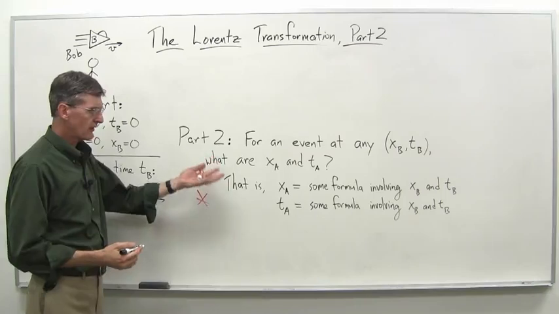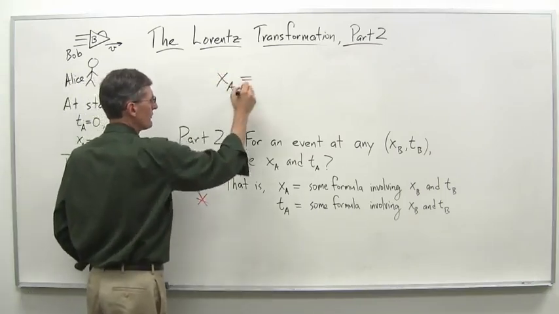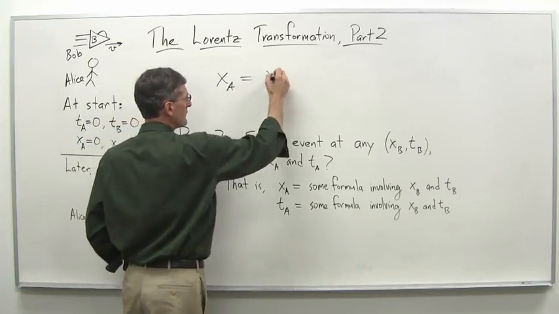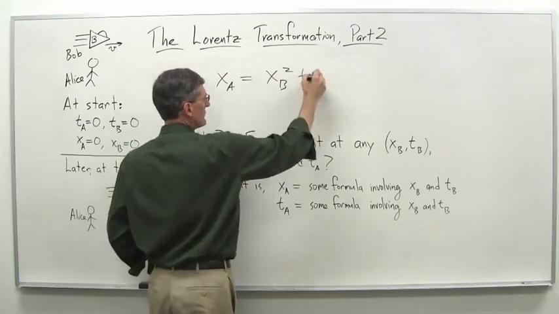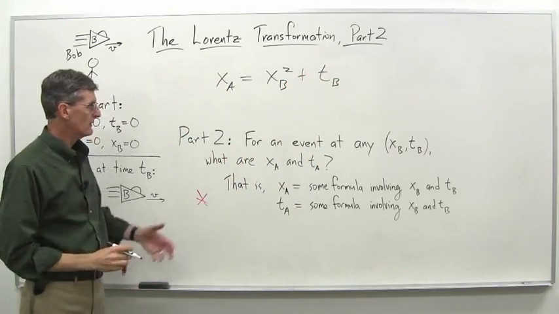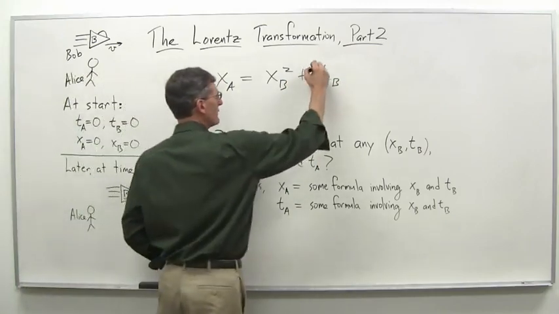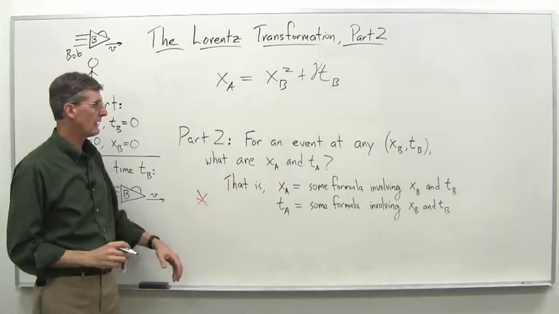First of all, let's say we had a formula like this. What if we said, very simple thing, x_A equals x_B squared plus t_B or something like that? Let's even throw a gamma in there as well. We've got some gammas around here. So what if the formula had that form?